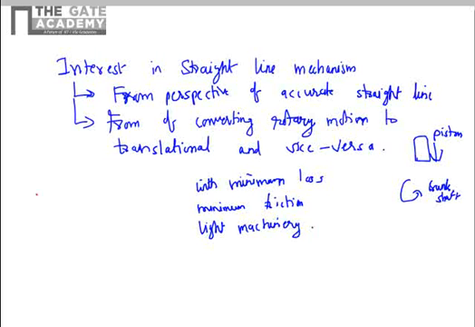So as you will be knowing from your studies, a simple mechanism for converting the rotary motion to linear motion is the slider crank mechanism. So in this case, the crank is rotating and you get a linear motion of the piston, or vice versa. The piston is pushed by the hot gases in the engine and it is converting motion to the crank.